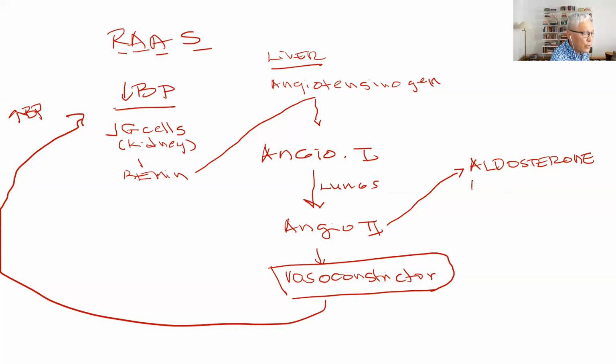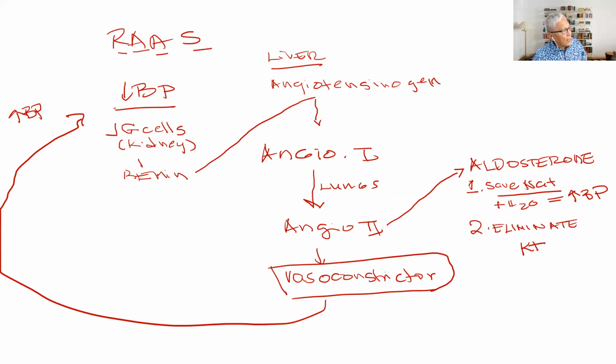And aldosterone has two functions. One is to save sodium. So when you have a lot of sodium, what happens to water? It goes towards it, right? And therefore, the combination of sodium and water increases blood pressure. And the other function of aldosterone is to eliminate potassium.